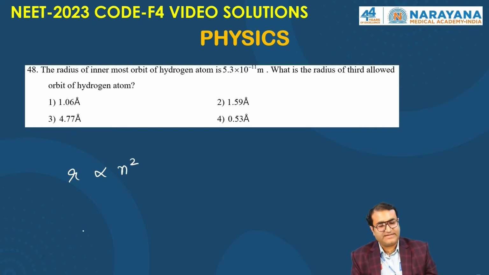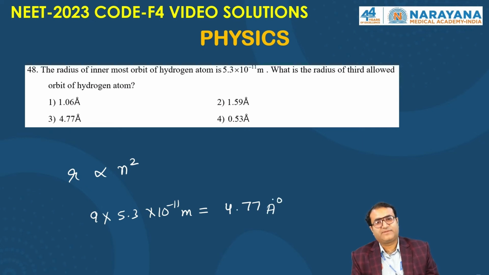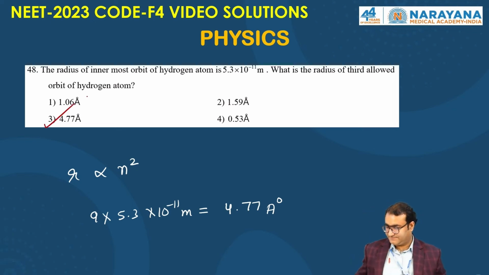Simply multiply by 9: 9 into 5.3 into 10 power minus 11 meter, converted into angstrom. It will come out to be 4.77 angstrom. I am multiplying it by 10 power 10. We get third option as correct.